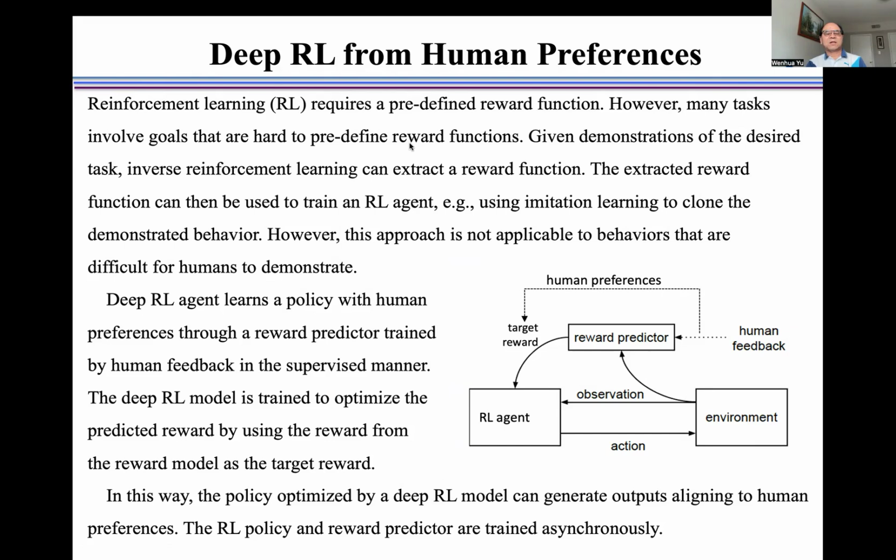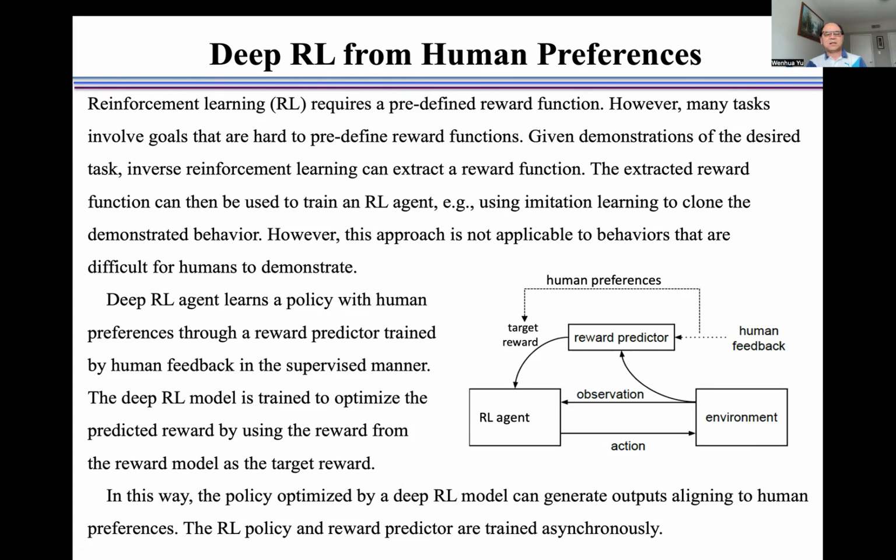A deep reinforcement learning agent learns a policy with human preferences through a reward predictor trained by human feedback in a supervised manner, as shown here. The deep reinforcement learning model is trained to optimize the predicted reward, using the reward from the reward model as a target reward.